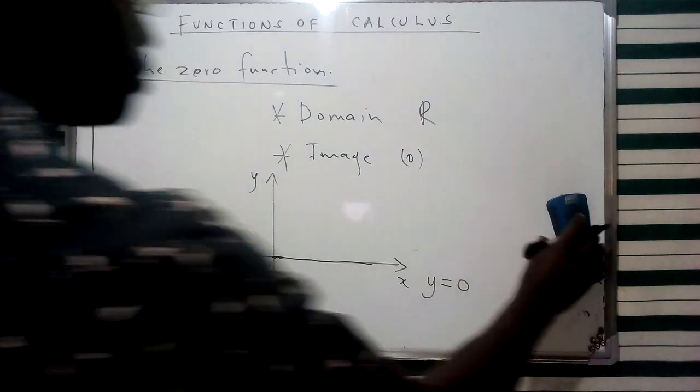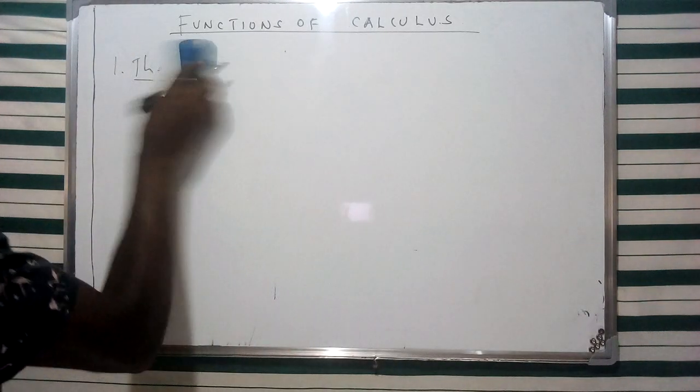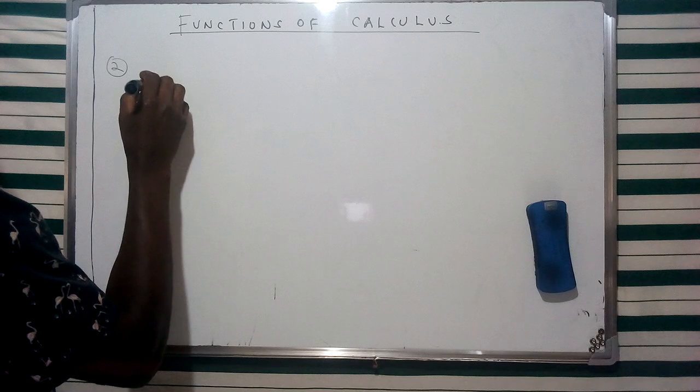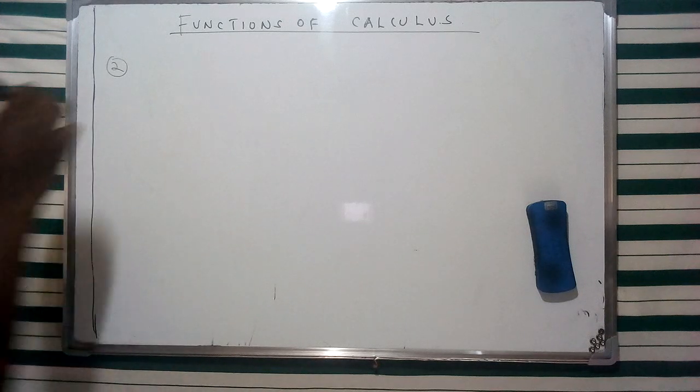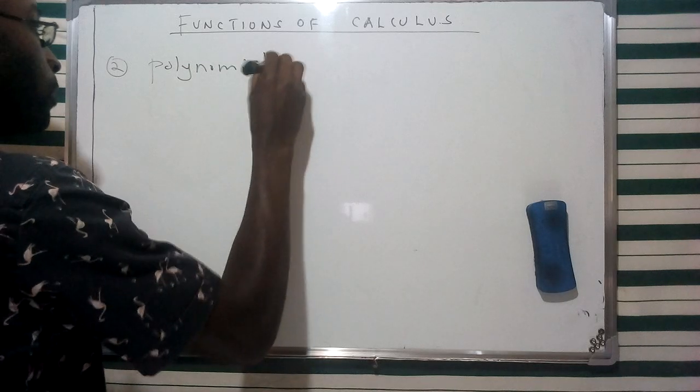Next we are going to look at the second part, which is a set of elementary real functions that we're going to come across in calculus. This set of functions we refer to as polynomials.